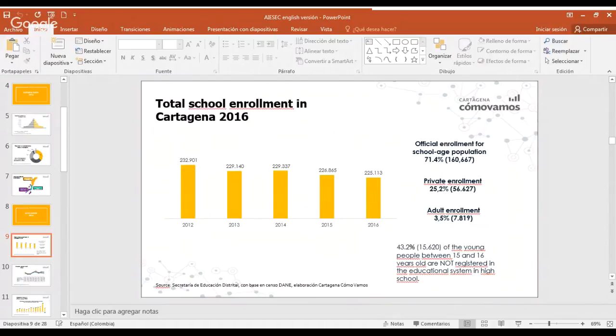Also, we observed that 43.2% of young people between 15 and 16 years didn't register in the education system. It means that around 15,620 young people were outside the school in 2016.